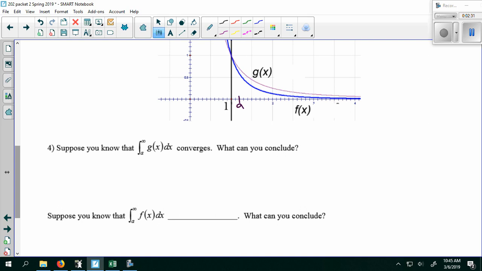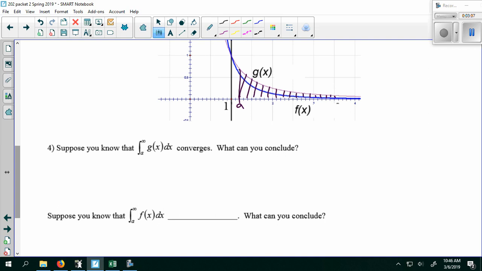If I know that the integral from a to infinity of g of x dx converges, so I know that the area under g from a to infinity is finite, that is some finite number, what can I conclude about the area under f from a to infinity? What do you think? Yeah, it's also finite because it's smaller than a finite number.